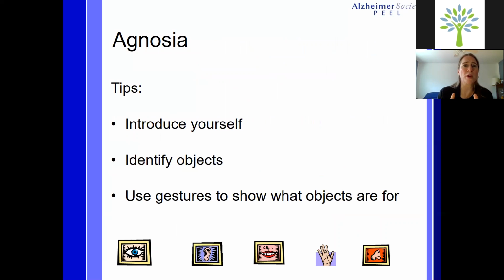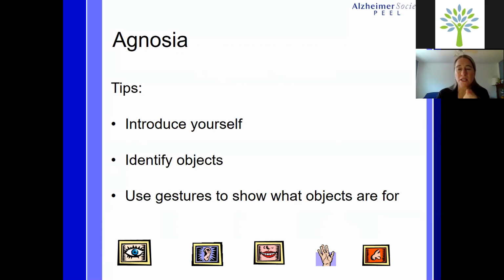Well, I'm going to jump right to identifying objects. We're either going to eliminate what's in that drawer, or perhaps we're going to put the toothpaste on the toothbrush for our client or our loved one and hand it to them to reduce some of those risks. So really being aware of those safety precautions, but also identifying that object.